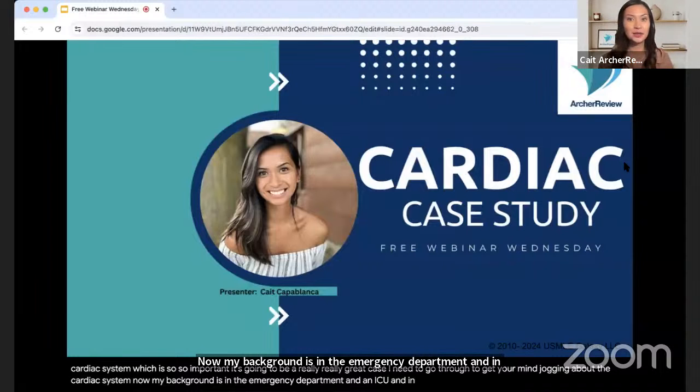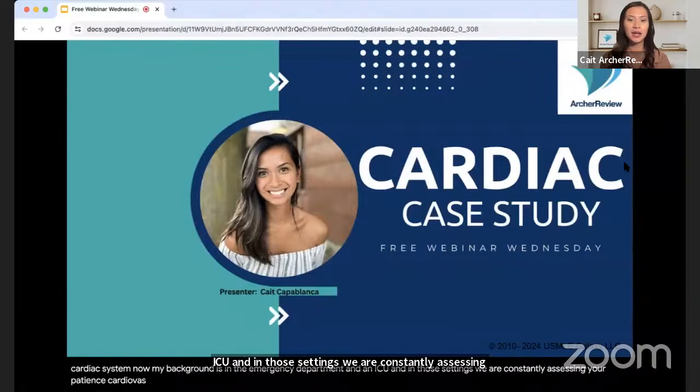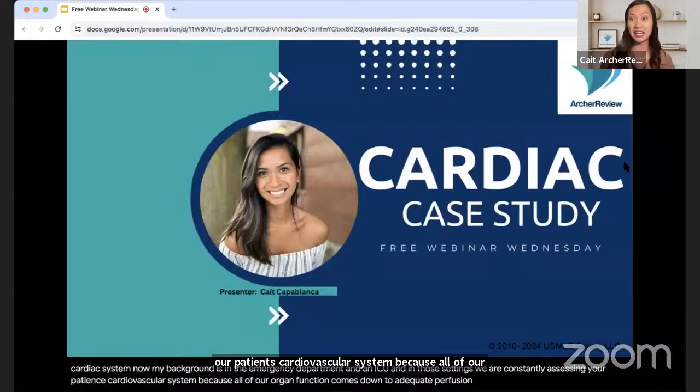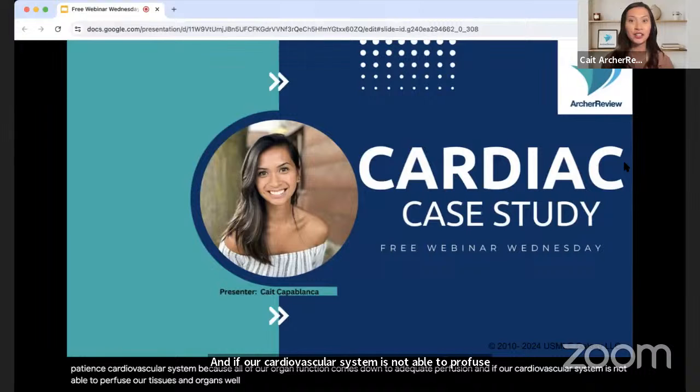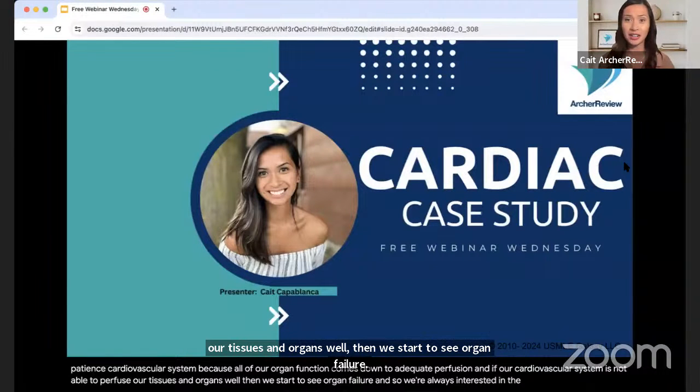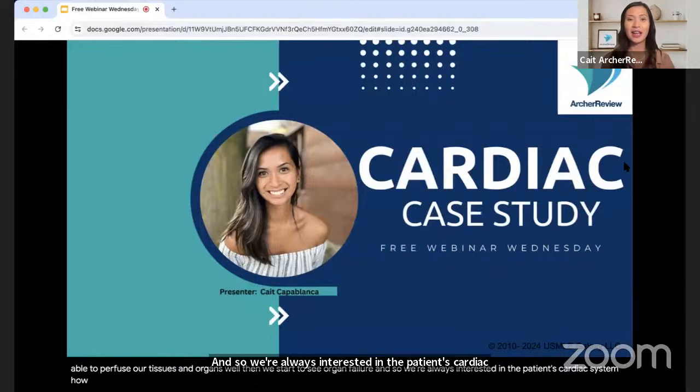And in those settings, we are constantly assessing our patient's cardiovascular system because all of our organ function comes down to adequate perfusion. And if our cardiovascular system is not able to perfuse our tissues and organs well, then we start to see organ failure. And so we're always interested in the patient's cardiac system, how it's doing, and preventing any further cardiac complications.